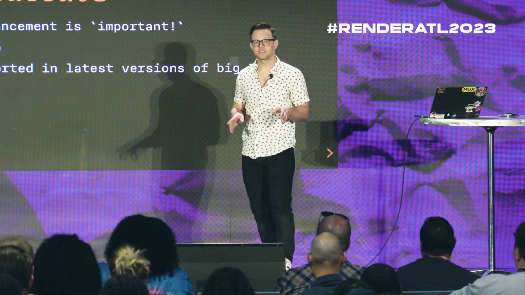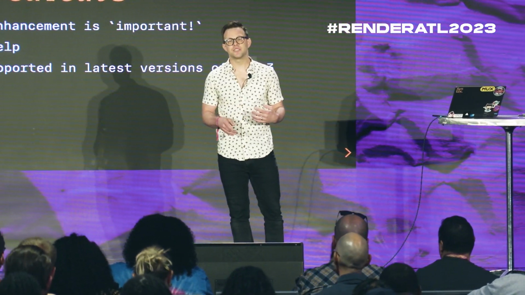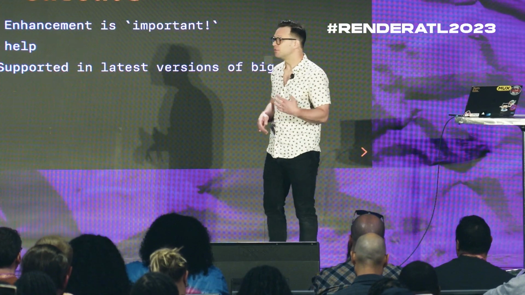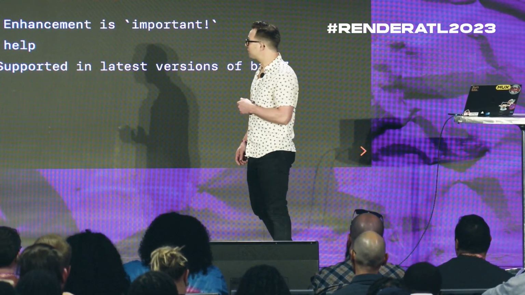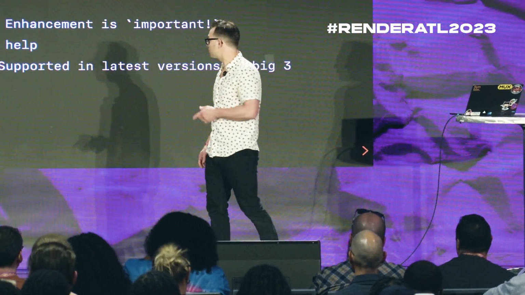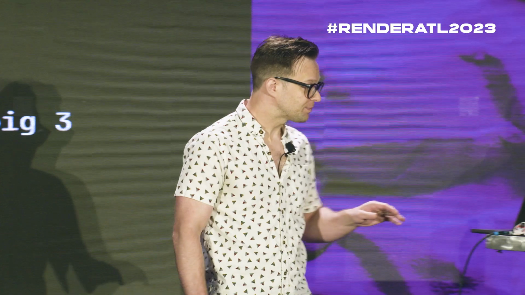PostCSS is a processor for your CSS, and there's something called preset env inside of PostCSS that allows you to ship new features that aren't yet totally supported in the browser. If you look at the preset env docs for PostCSS, you can find a massive amount of cool new features. So the first thing we're going to be diving into is media queries.